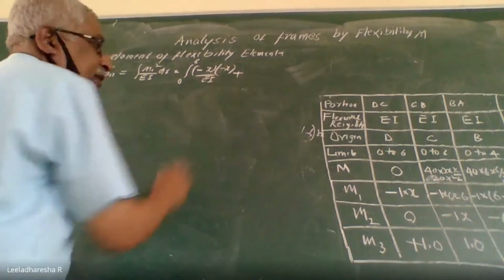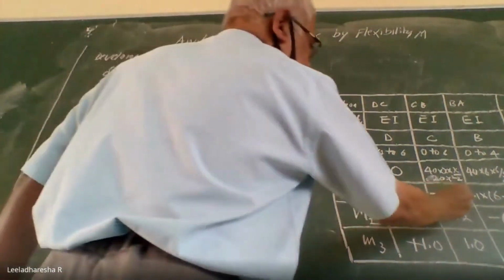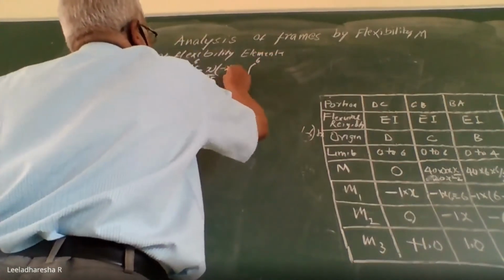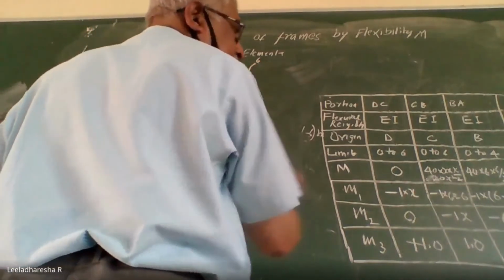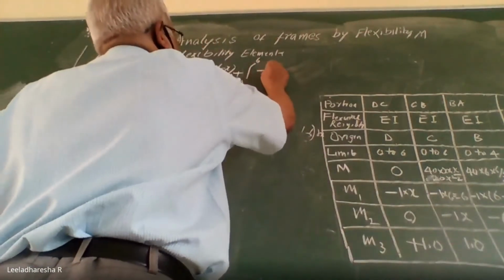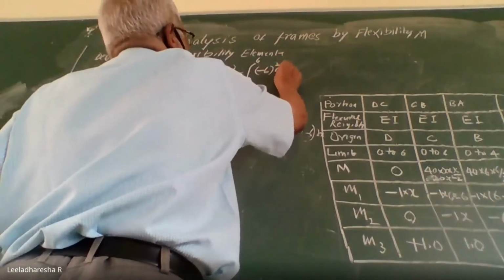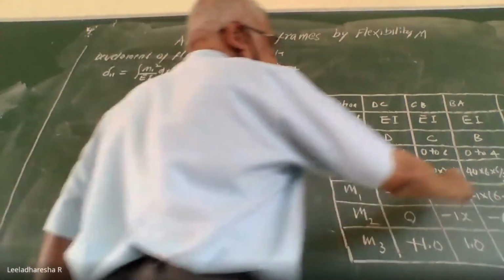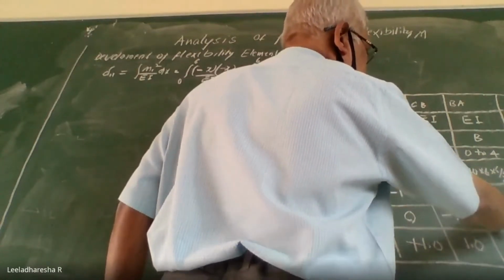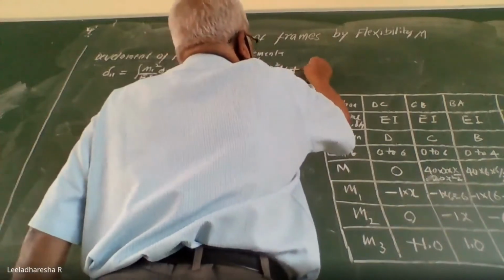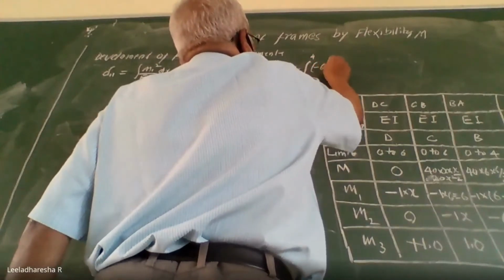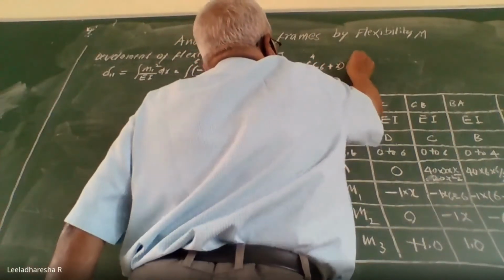Then for the next portion, m1 square is minus 6 square, 0 to 6, again into dx. Okay, m1 square for this portion is minus 6 square into dx, plus the third portion, m1 square is minus 6 plus x, 0 to 4, minus 6 plus x into dx.